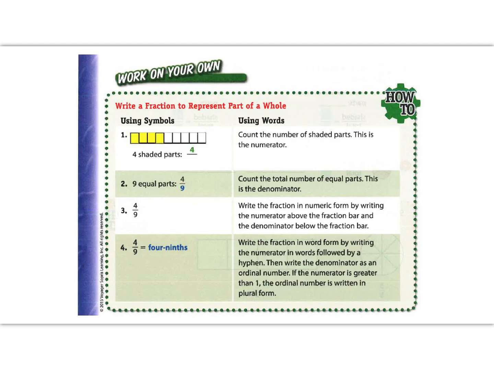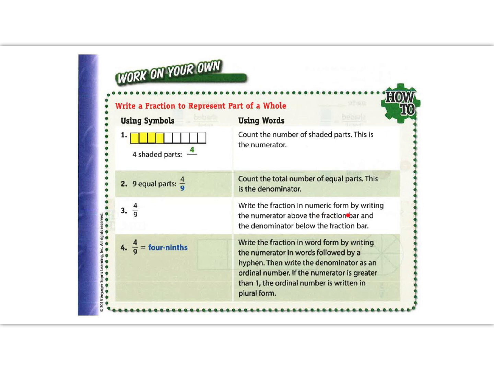All right. This says write a fraction to represent part of a whole using symbols. Here it says count the number of shaded parts. That's the numerator. 1, 2, 3, 4. So 4 can go on the top here. And then you do the number of equal parts. That's the denominator. So 1, 2, 3, 4, 5, 6, 7, 8, 9.